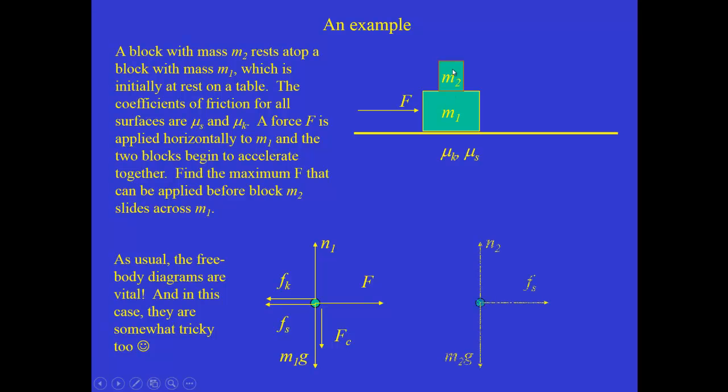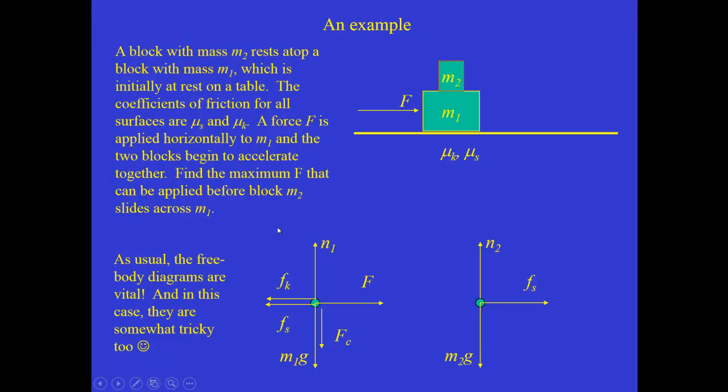So M2 over here experiences a force to the right, a static friction force, and by Newton's third law, there has to be an equal and opposite force that M2 exerts on M1. And that may not be obvious. You really have to think it through. So if M2 experiences a force to the right because of its contact with M1, then M1 experiences a force to the left because it's in contact with M2.